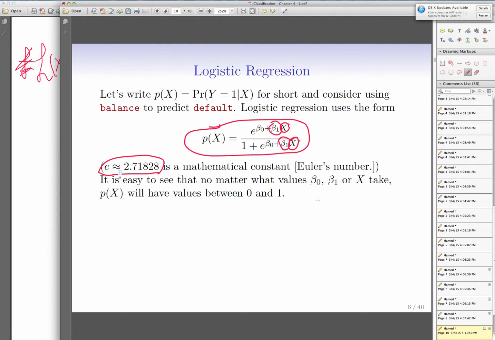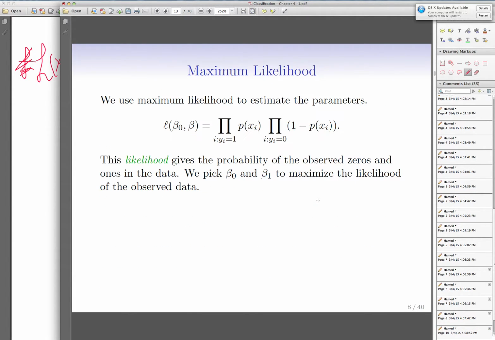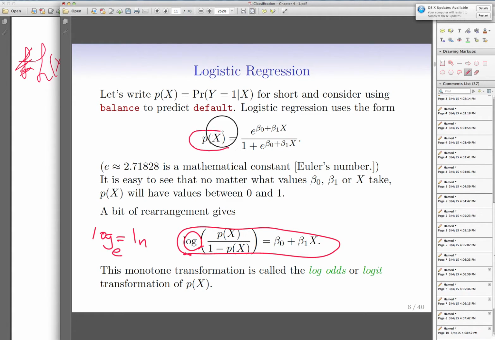One of the great characteristics of logistic functions is that the logarithm, and this is the natural logarithm by the way, log in this textbook is ln in your calculators, the logarithm in e, of this px divided by 1 minus px is beta 0 plus beta 1x.